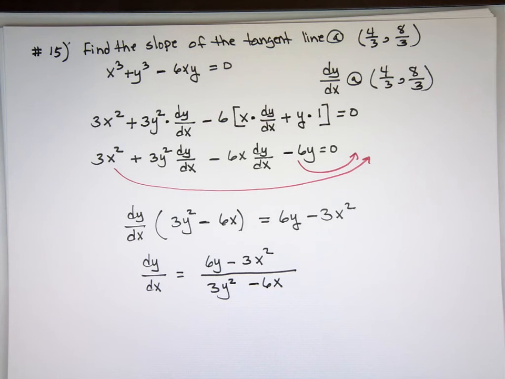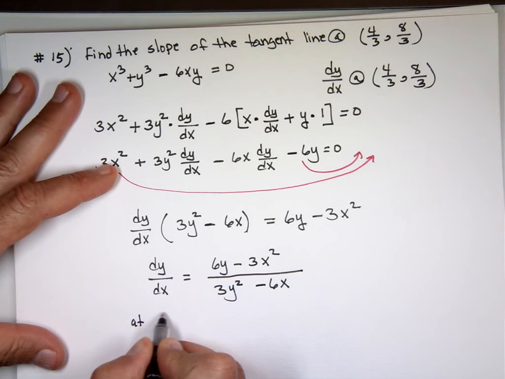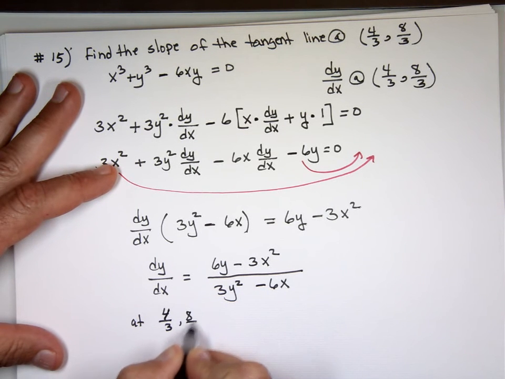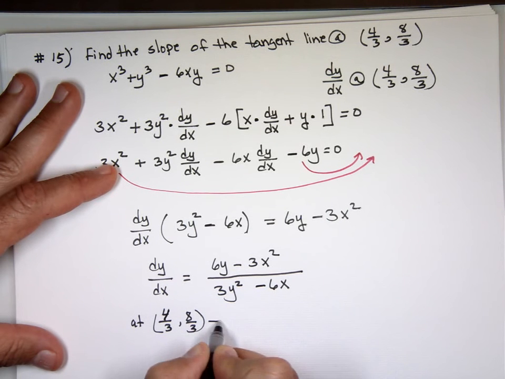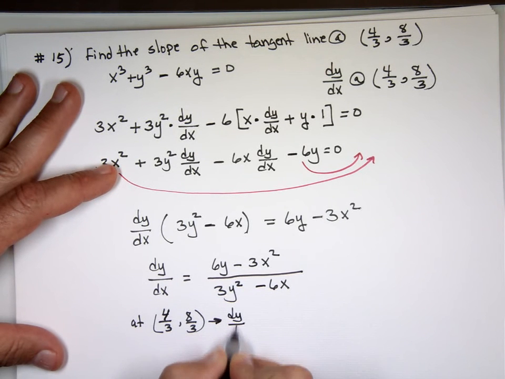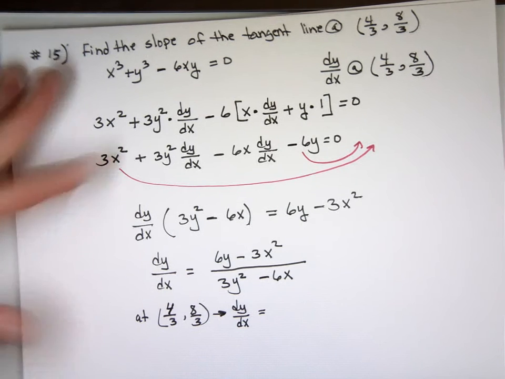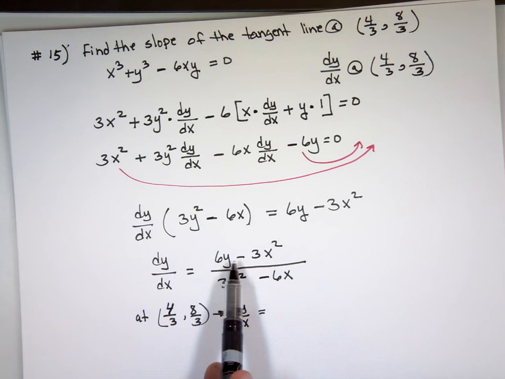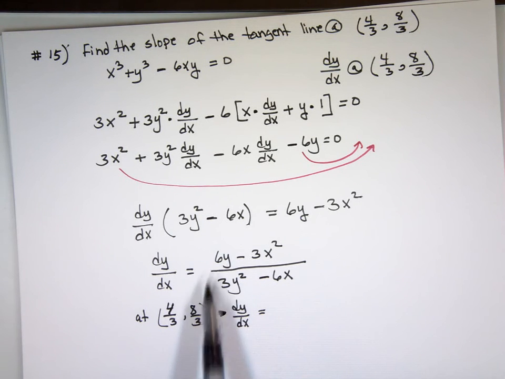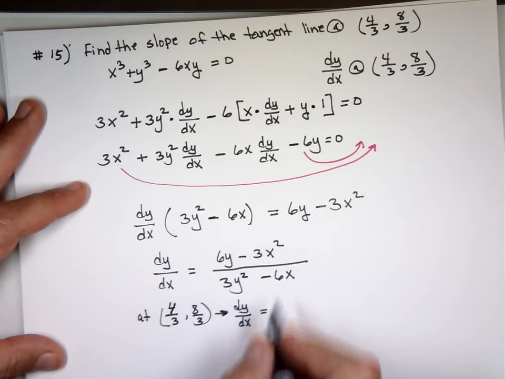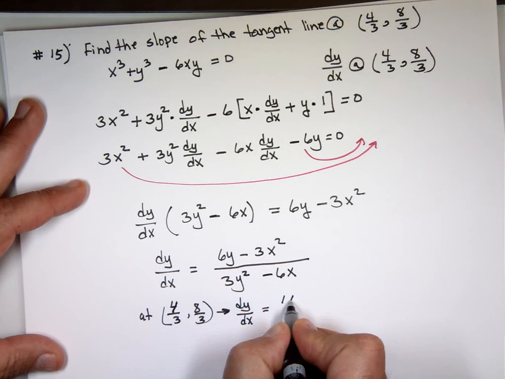Now plug in the value at 4/3 and 8/3. Let's see what will happen. Y is 8/3. 6 times 8/3. 6 times 8 is 48 divided by 3. Is that 18? Is it 16? Yep, 16.